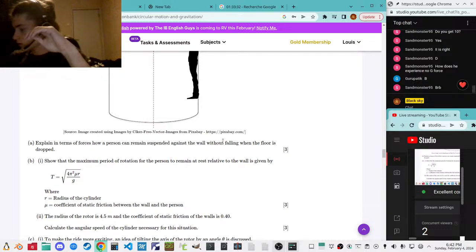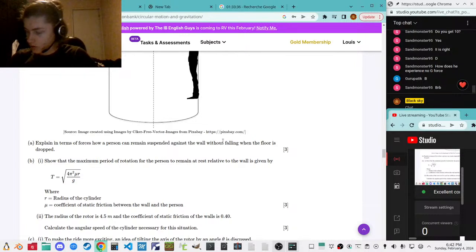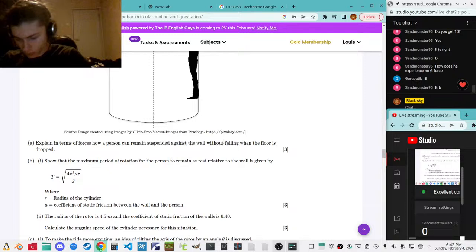So R we said was the centripetal force, therefore the coefficient of static friction. Wait, the coefficient of static friction, got to times that by something else.